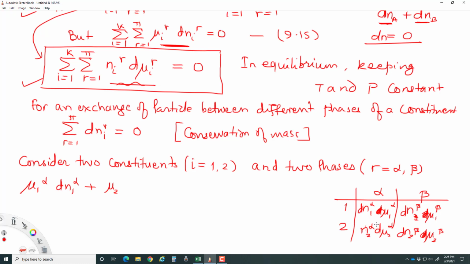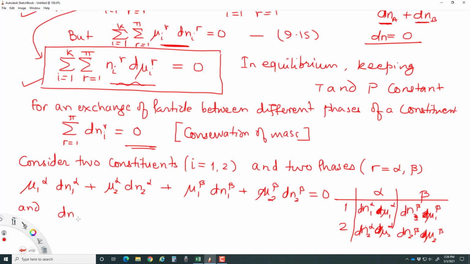So I'm writing this: mu1 dn1 alpha plus mu2 dn2 alpha plus mu1 dn1 beta plus mu2 dn2 beta. That's 0.